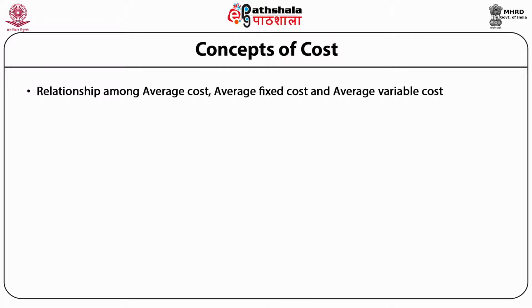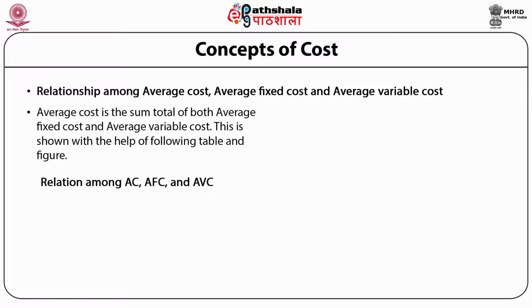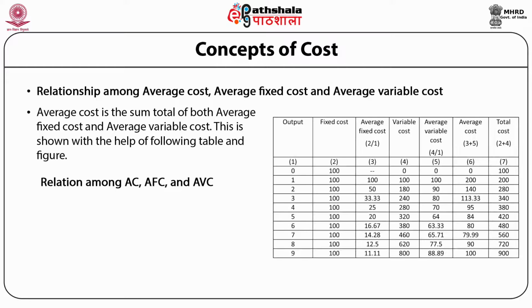Relationship among average cost, average fixed cost, and average variable cost. Average cost is the sum total of both average fixed cost and average variable cost. This is shown with the help of the following table and figure.